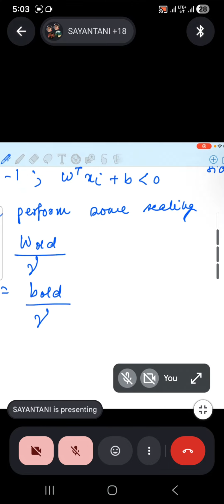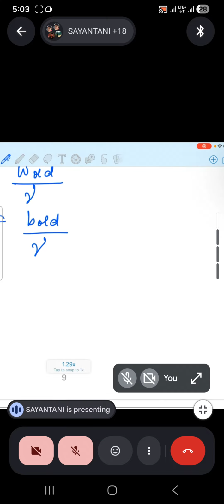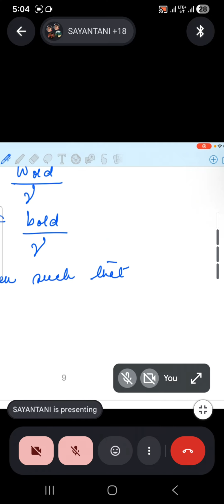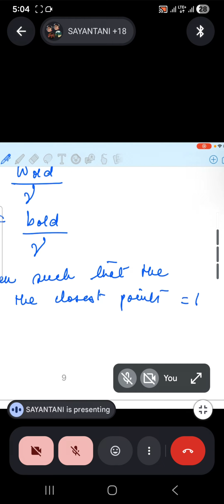Okay. Now how am I choosing gamma? Gamma is chosen such that the margin of the closest points is equal to 1. I'm explaining what I'm trying to say.